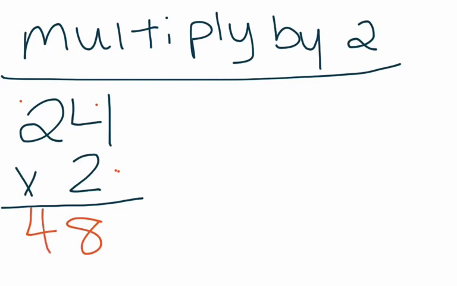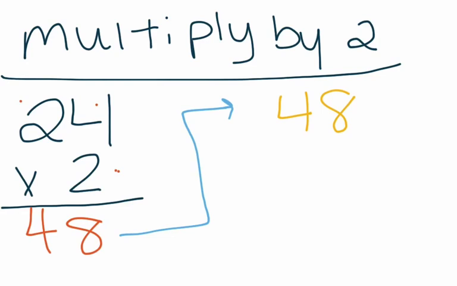Okay? Now they even take it a step further, and they say, okay, let's double 48. So let's bring 48 up here. And I am going to do 48 doubled, so that would be times 2. And 48 times 2, let's look at our ones column, our 8 and our 2.